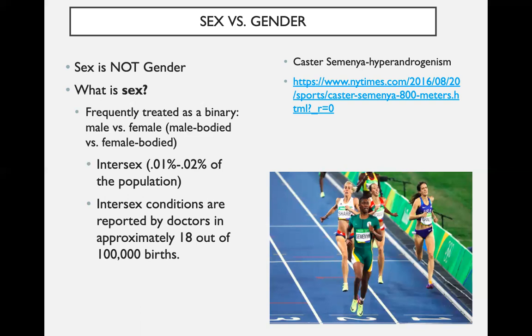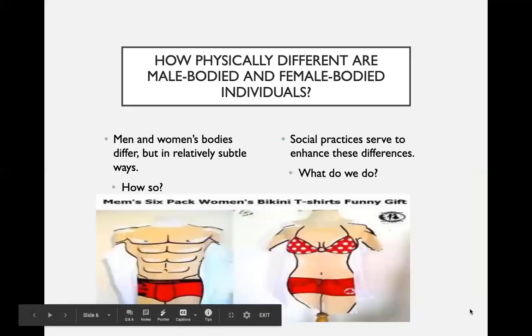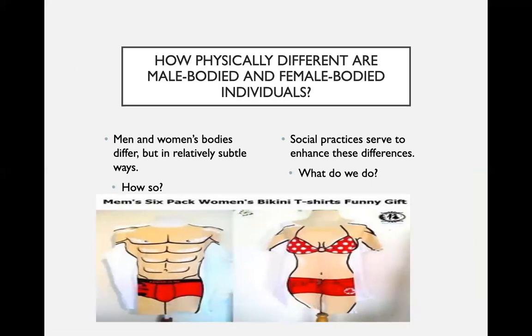Even sex, which we're like, is what you're born as, you're XX, you're XY, you're male, you're female. Even that is not, in fact, a perfect binary. And as I've said, sex is not the same thing as gender. But just focusing on what does it mean to be male-bodied or female-bodied, let's stop and think for a second.